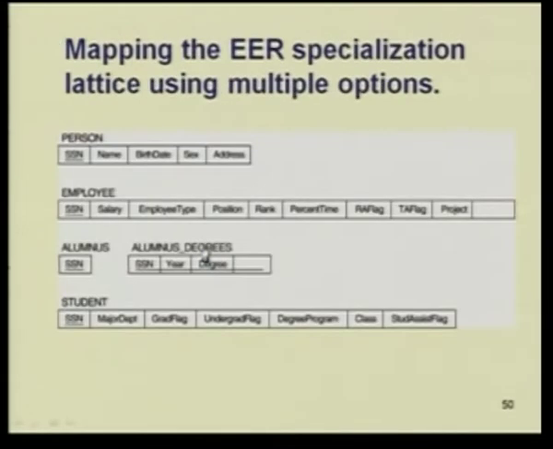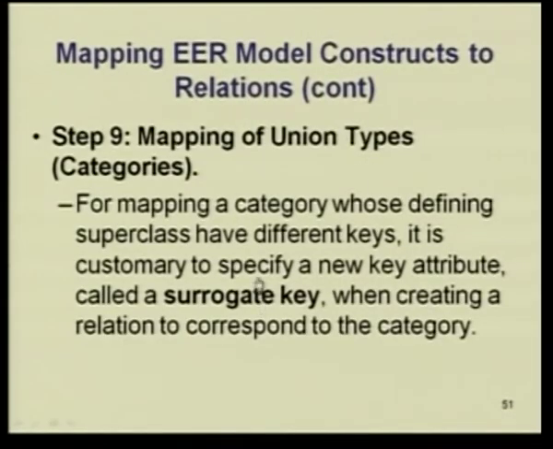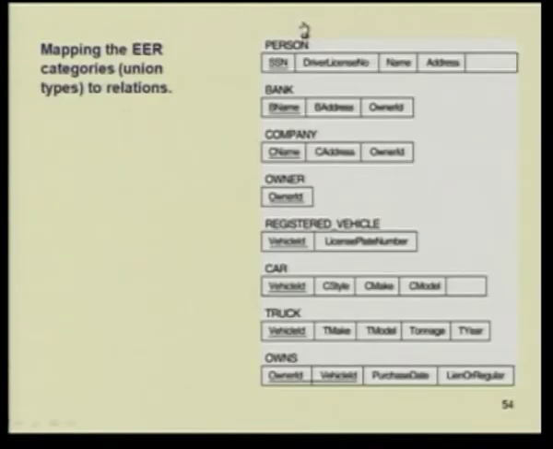In the defining superclass you have this key, you have this key also, it is taking from two, it is multiple inheritance. In this case you have to have what is called a surrogate key. So, it is customary to specify a new key attribute called the surrogate key when creating a relation corresponding to that category. That is how we have created a new relation and used that ID surrogate key here.